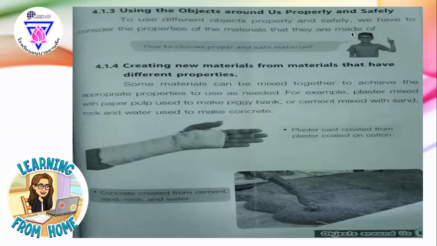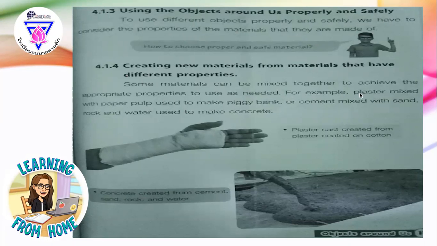Using the objects around us properly and safely. To use different objects properly and safely, we have to consider the properties of the materials they are made of. For example, creating new materials from materials that have current properties. Some materials can be mixed together to achieve the appropriate properties to use as needed.